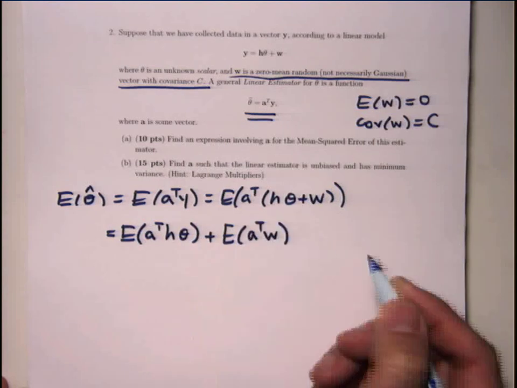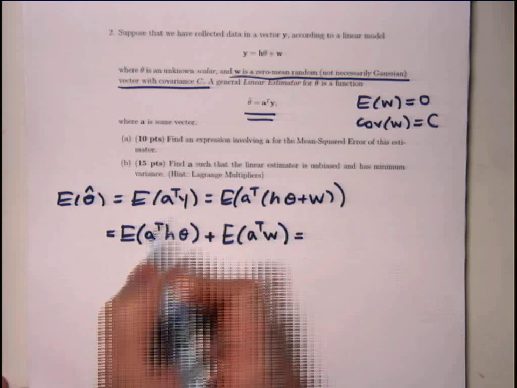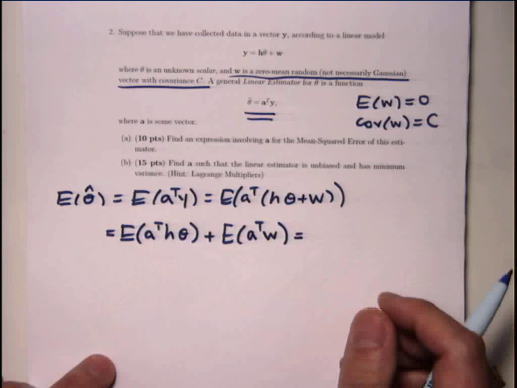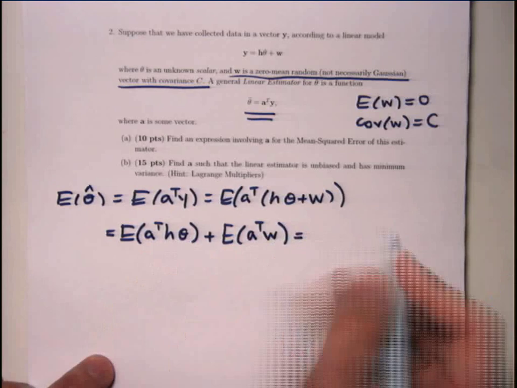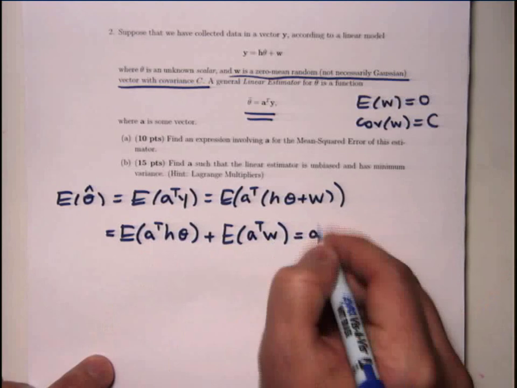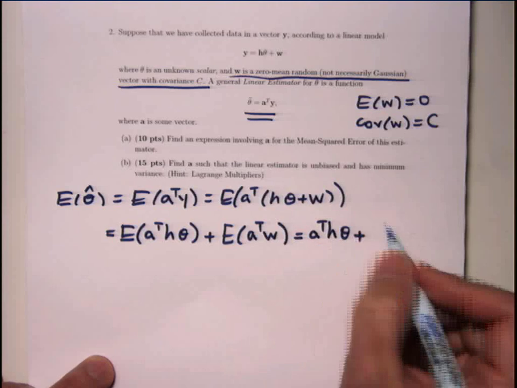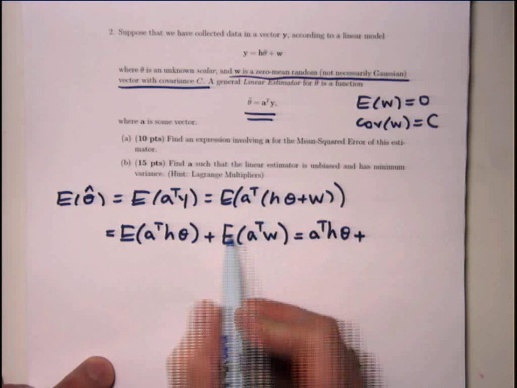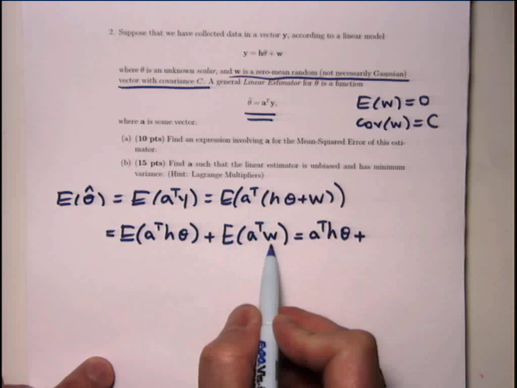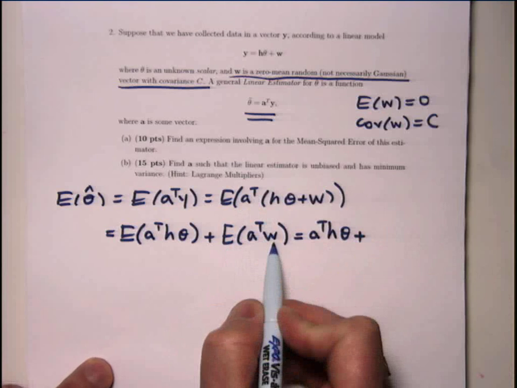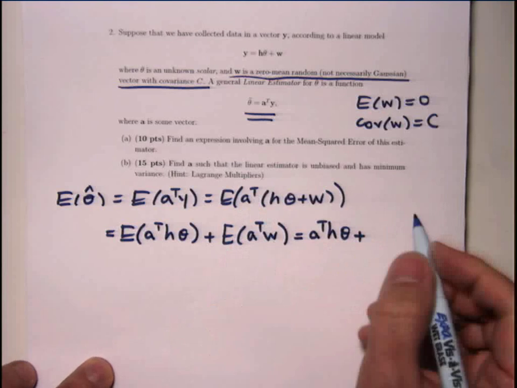Right? Now the first part here, A transpose H theta, this is not random, so I'm just going to write it as it is. A transpose H theta plus A transpose W. Expected value of this is A transpose times the expected value of W, which is 0. Okay? So this is 0.